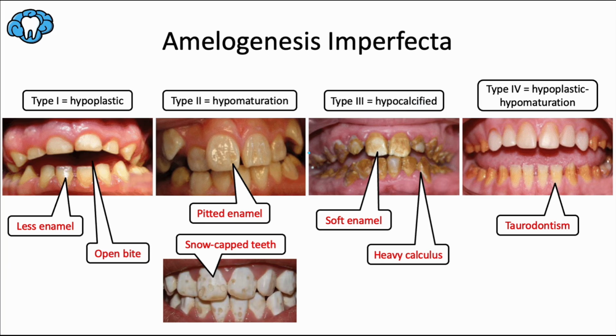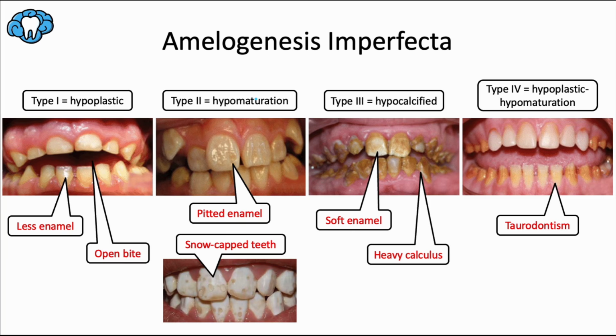It's similar to type 2, but the enamel is also really soft. So these teeth can wear down very quickly through attrition and abrasion. And calculus tends to build up very quickly on these teeth. Lastly, type 4 is a combination of type 1 and 2, where the teeth are small and they have pits, and we get taurodontism with the elongated pulp chambers and all of those fun things we talked about already.